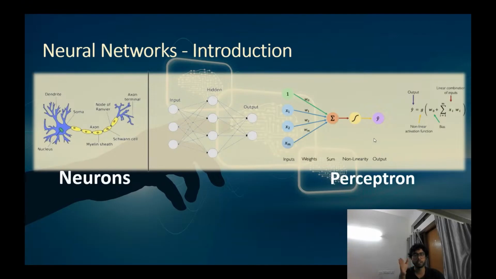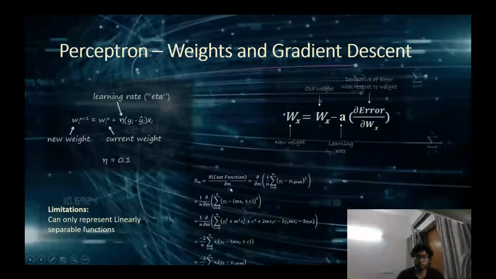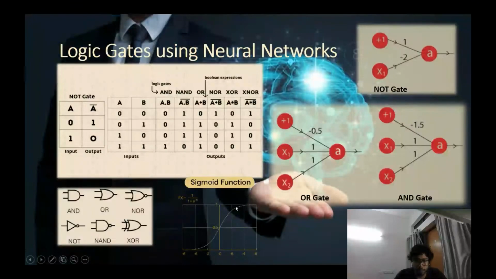So let's say whatever you get as your summation value, if that value is greater than 0, the sigmoid function will take that value and give an output somewhere between 0.5 and 1, if you remember correctly. So here is an example of a sigmoid function, right? If your summation value is on the right side, it will have a value between 0.5 and 1.